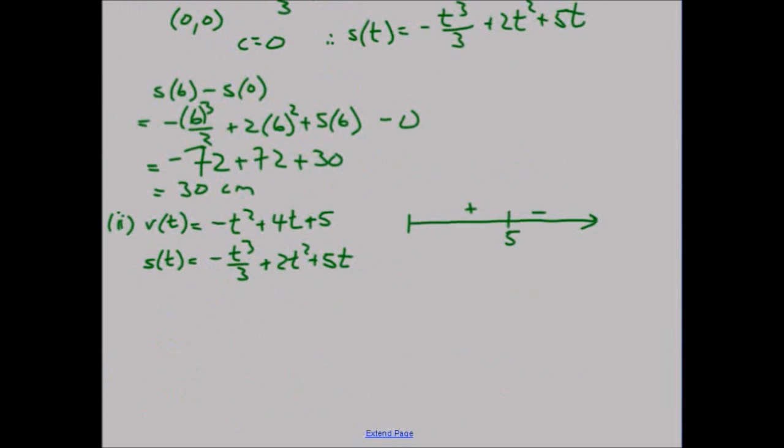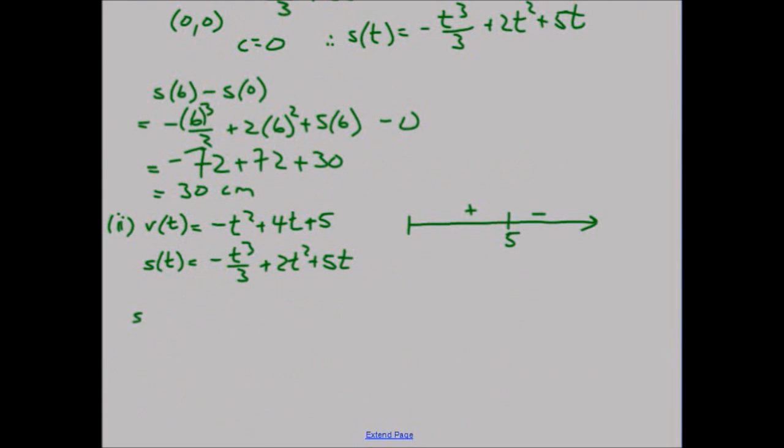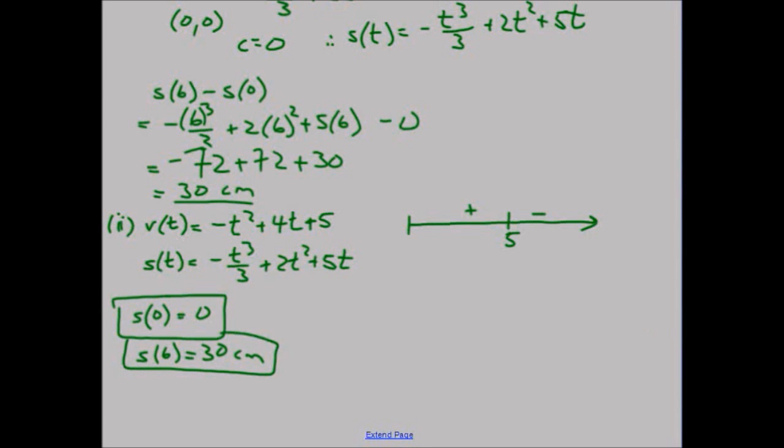So S of t1 is 0. We're looking from 0 to 6. So S of 6, we already determined up here, is 30 centimeters. And anytime it changes directions, which is just S of 5, we need to calculate that.